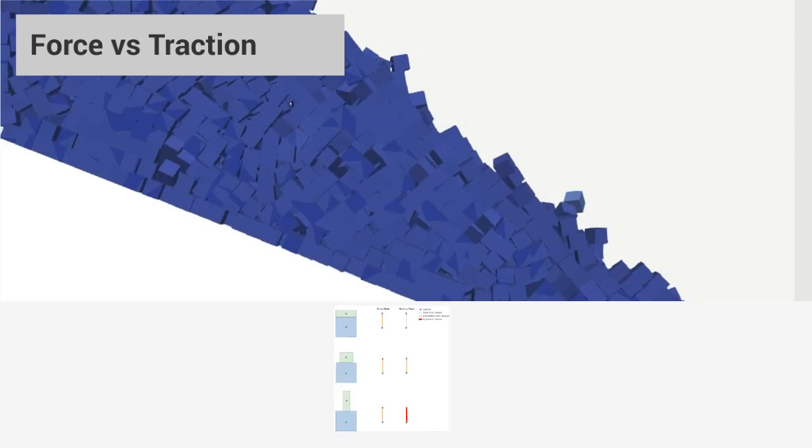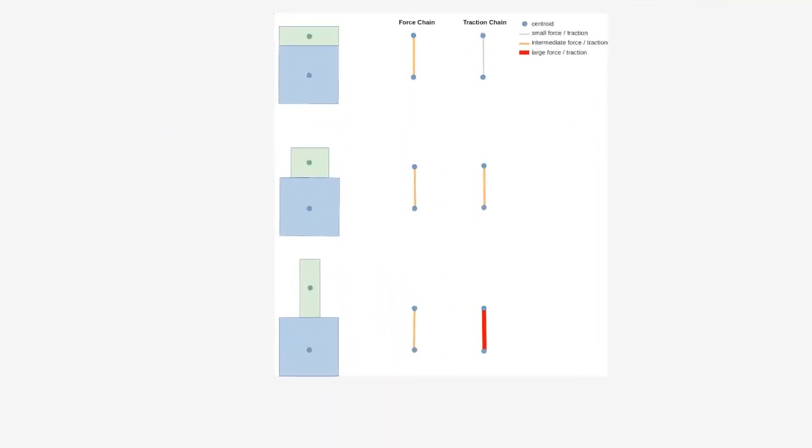Okay, so forces versus traction. So this is our first example of just two information chains. One is just looking at contact force, and the other one is going to look at traction, or think of it as mean pressure between particles for now. And what I want to show you is if we just focused on force chains, we would just conclude that the forces are the same between these three scenarios, and so nothing more to learn.